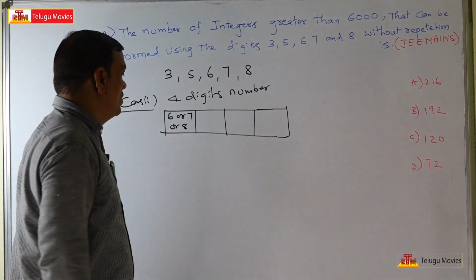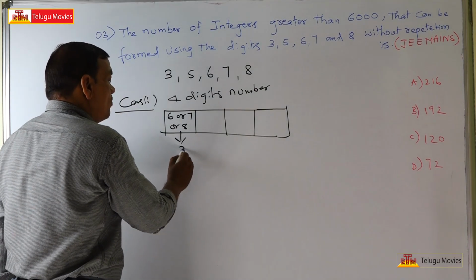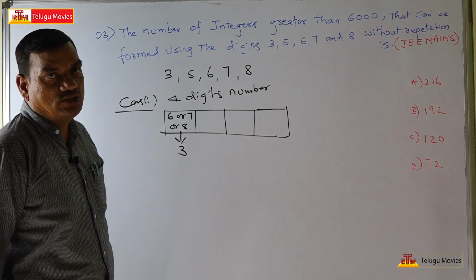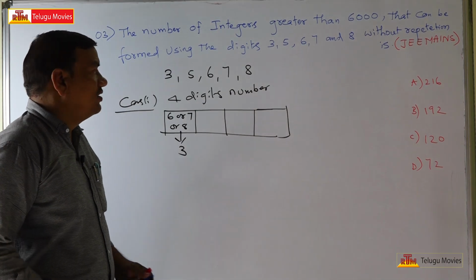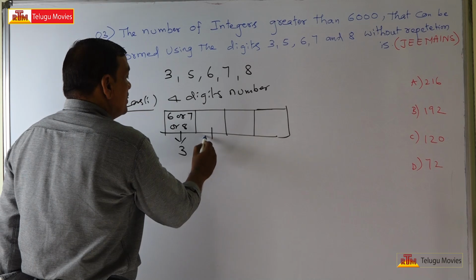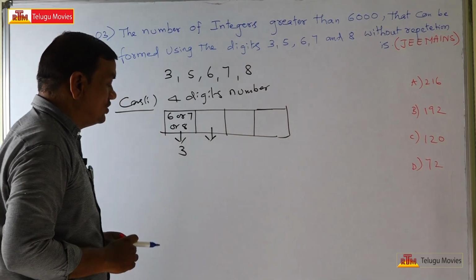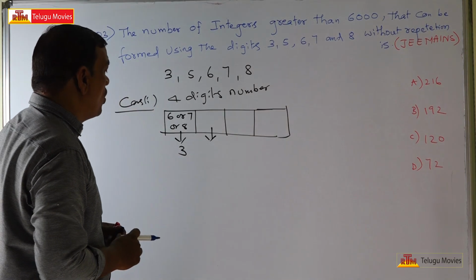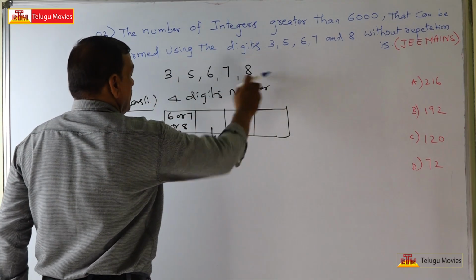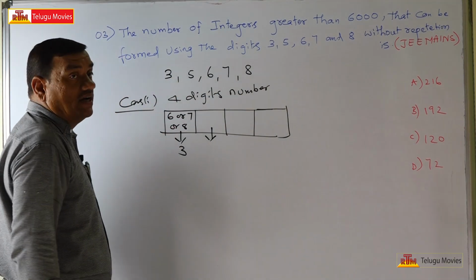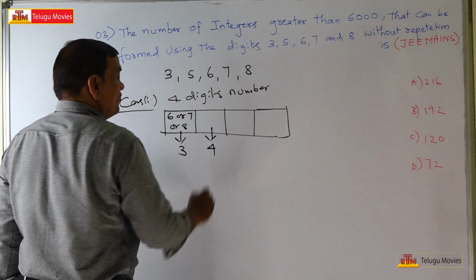This box can be filled in 3 ways. Now after filling 6 or 7 or 8, out of the 5 digits one is used, so the next box can be filled in 4 ways.